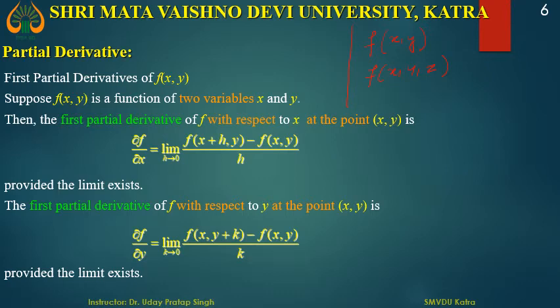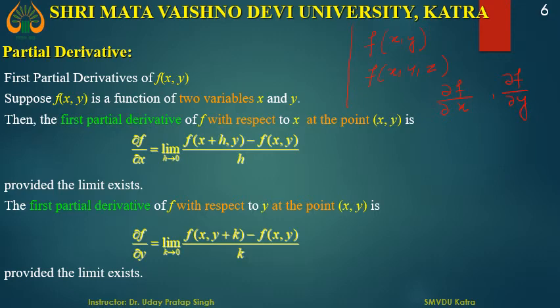What is first order partial derivative of f with respect to x? That is dou f by dou x. And first order partial derivative of f with respect to y, dou f by dou y.